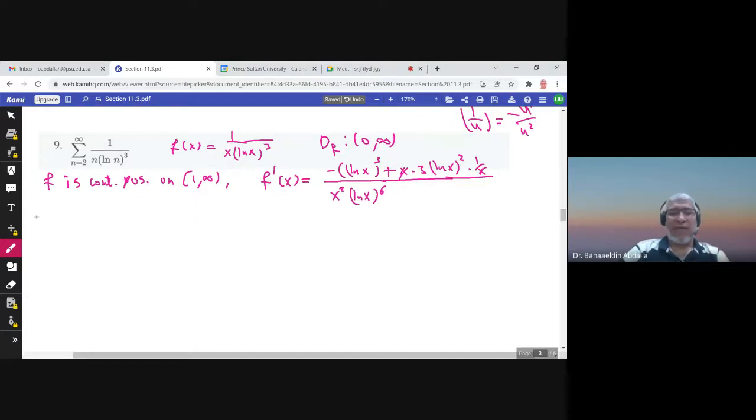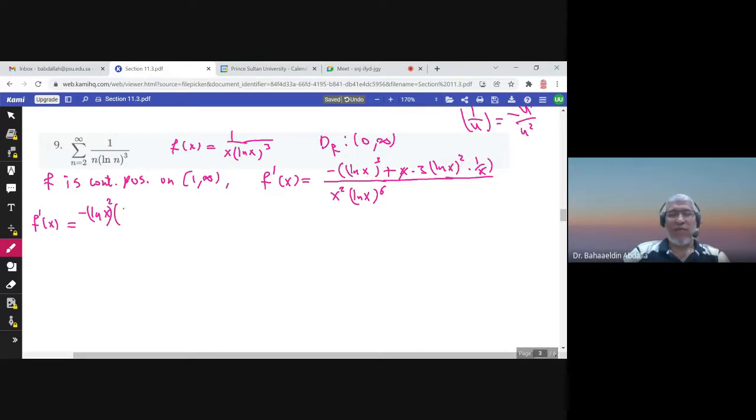And I can take (ln x)^2 as a common factor, because I have (ln x)^3 and (ln x)^2 here. The minus is also a common factor.